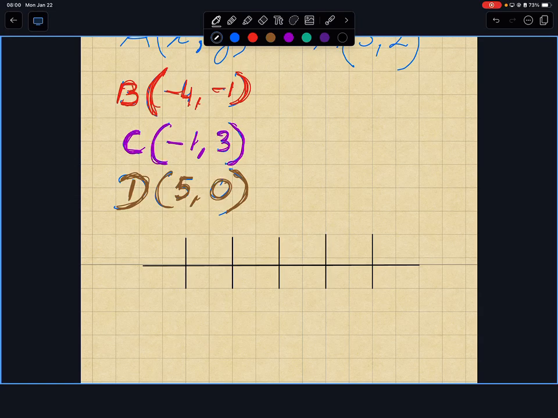Most of the time, they're not going to say this is X, this is Y. So always remember, X is always at the top, and Y is always at the bottom, unless indicated otherwise. So X is always top, Y is always bottom. And then you would continue in receiving numbers.